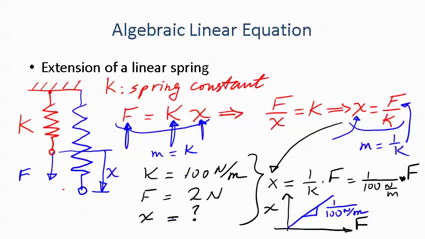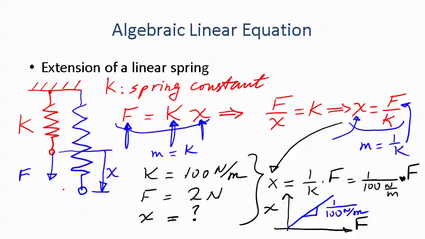And when you're working with springs, please keep in mind that this linear relationship is true only up to a certain extension of the spring. It's not true for an unlimited extension because the material undergoes certain deformations from the elastic to the plastic regime.